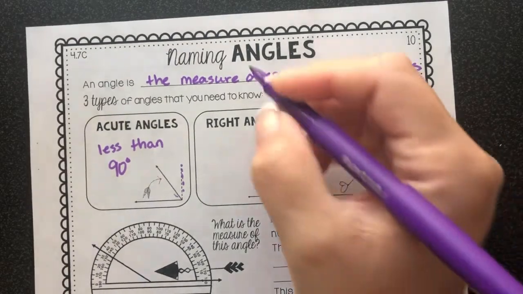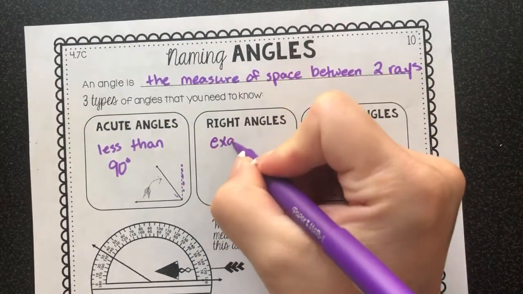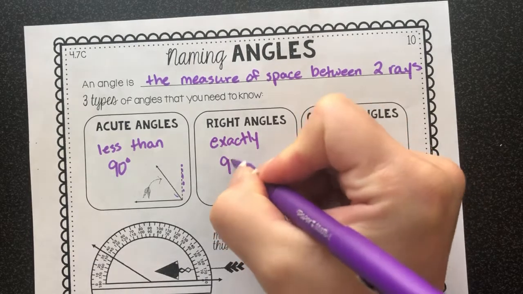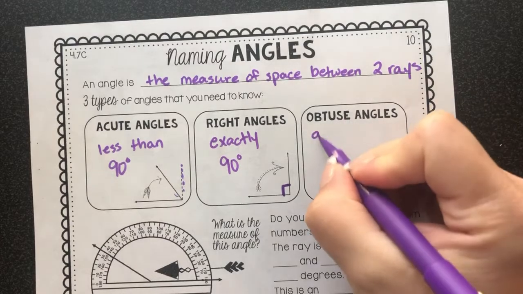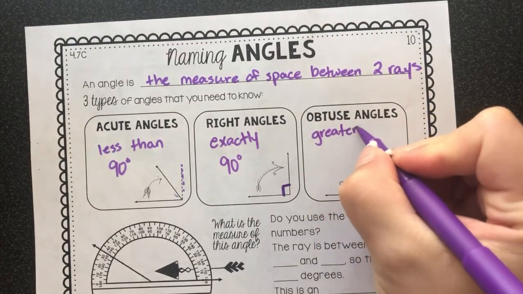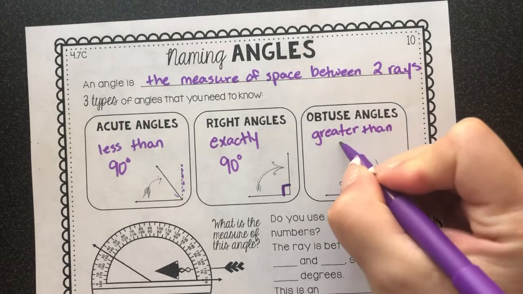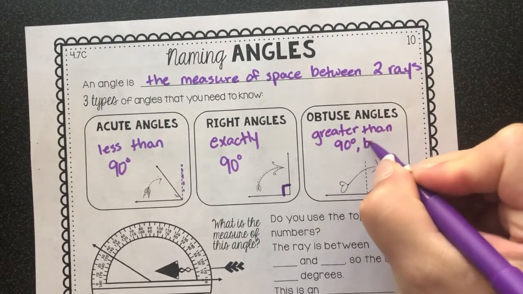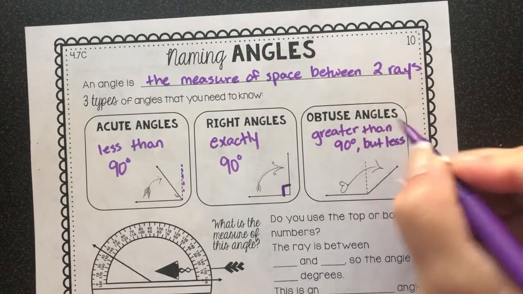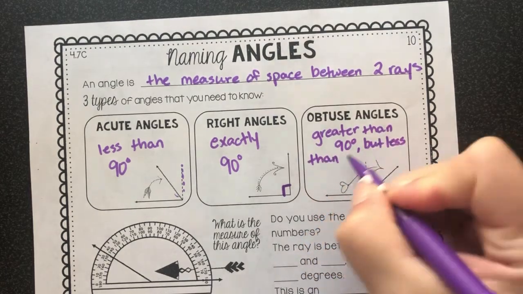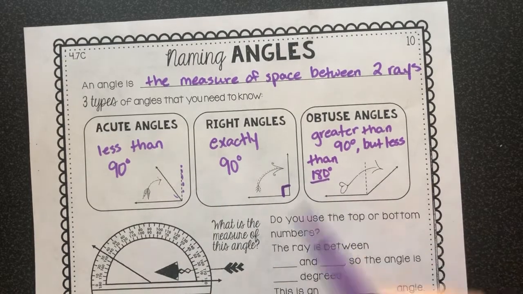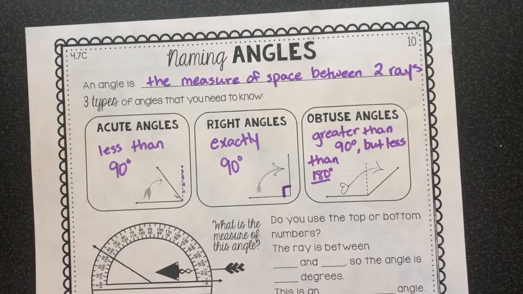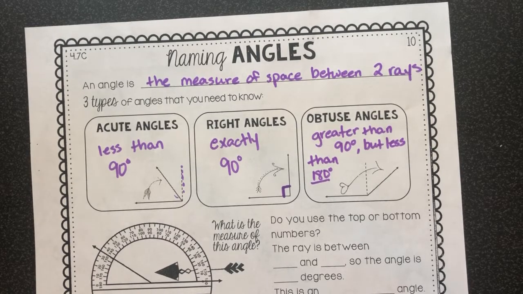That's exactly 90 degrees. Now, an obtuse angle is greater than 90 degrees, but less than 180, okay? And this is the one I was referring to a minute ago that's missing, the 180 degree angle. That is a straight angle, which would be a straight line, okay?